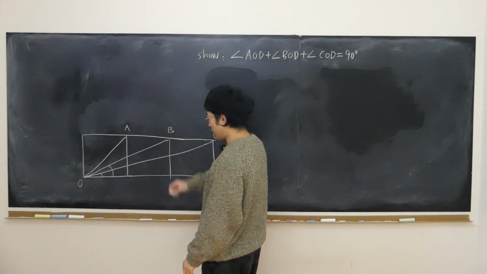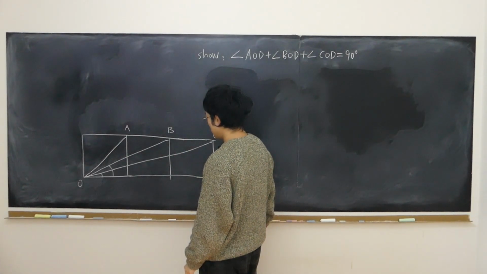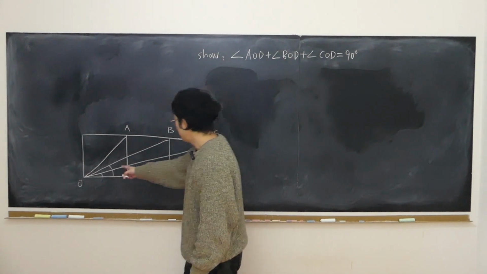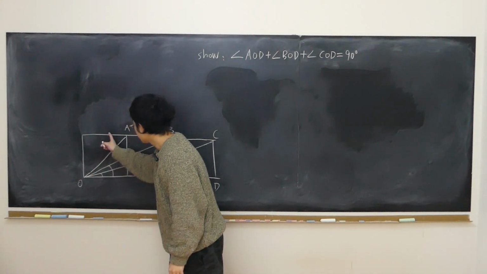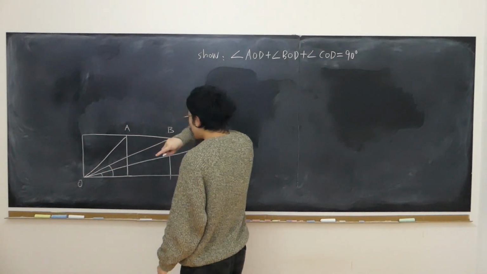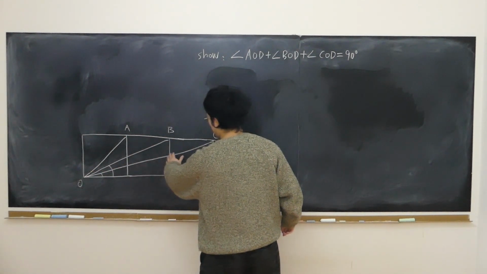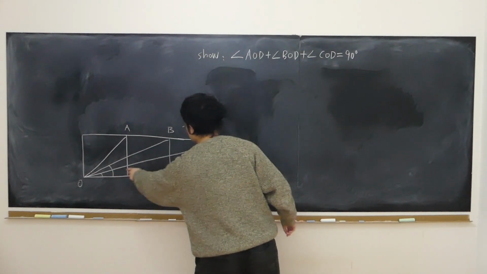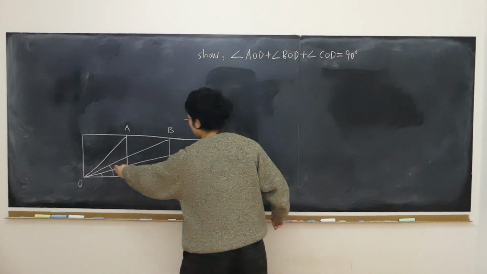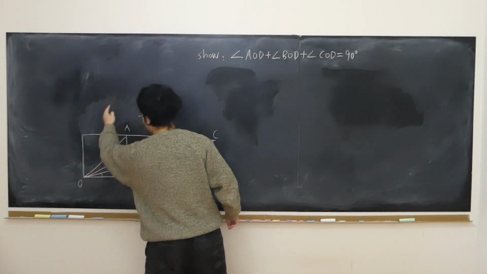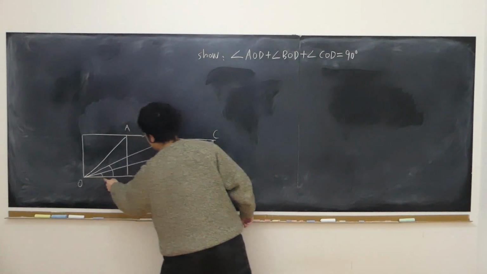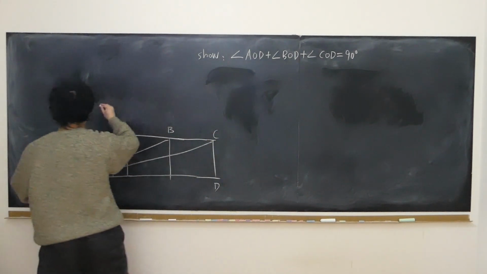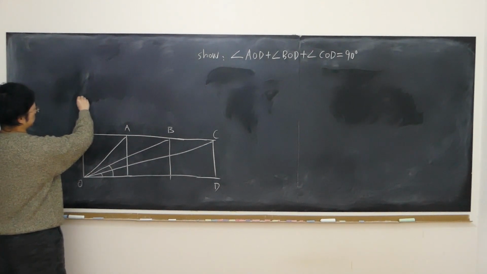Then I want to somehow move this angle COD up to here. I want to somehow make up an equal triangle, equal to OC, COD, somewhere here. Then I can have this angle is equal to COD. Then I can just draw another square somewhere here.